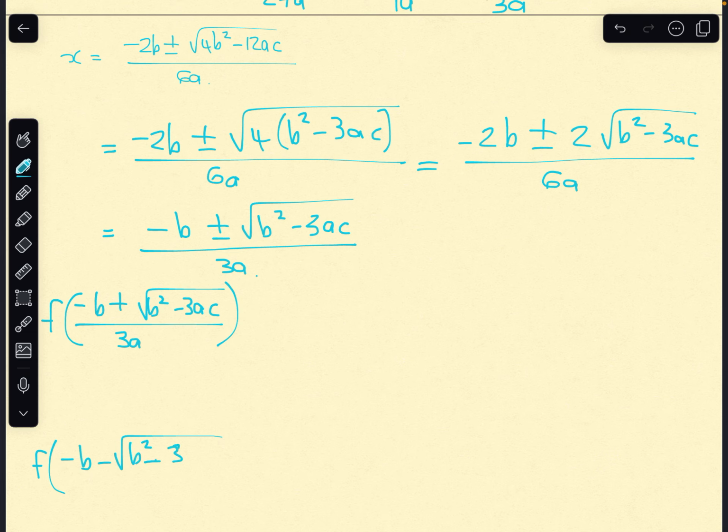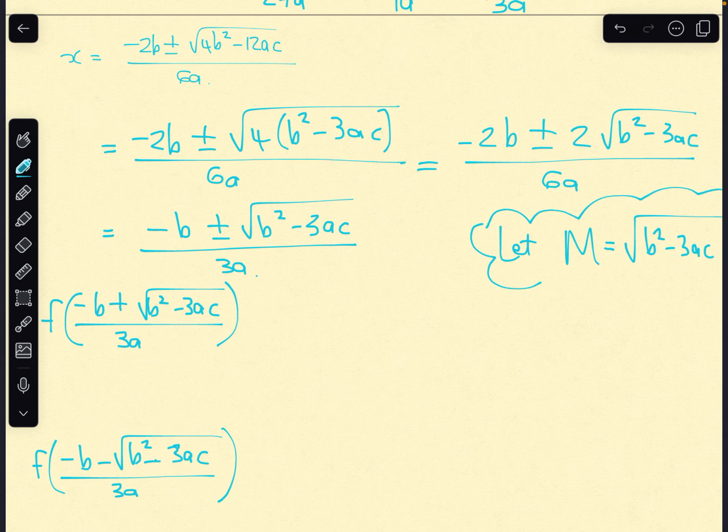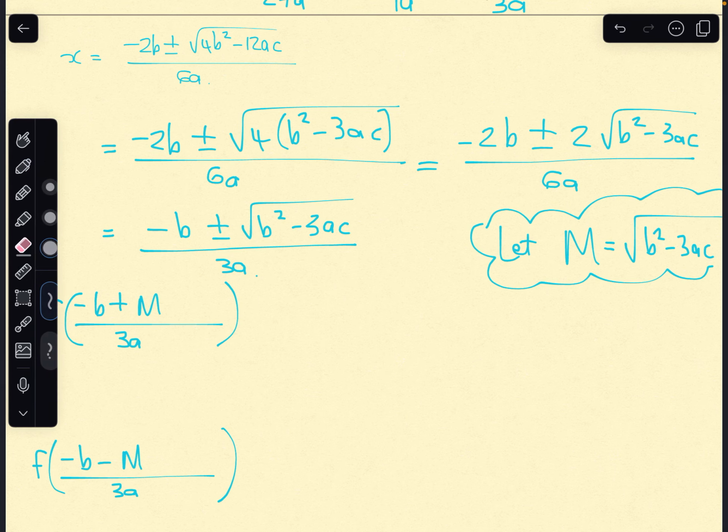Now, to make my life a little bit simpler, I am going to just let m be equal to this guy. Mainly so that I don't have to keep rewriting it, but secondly in the hopes that when I add these two together, the m's can cancel out-ish. That is my hope.